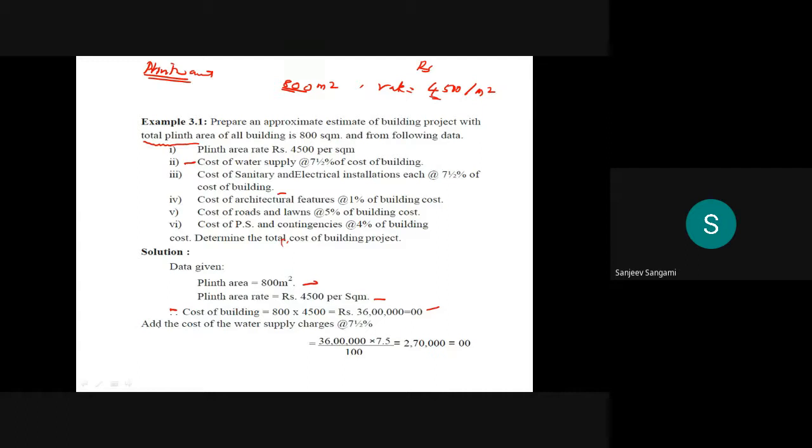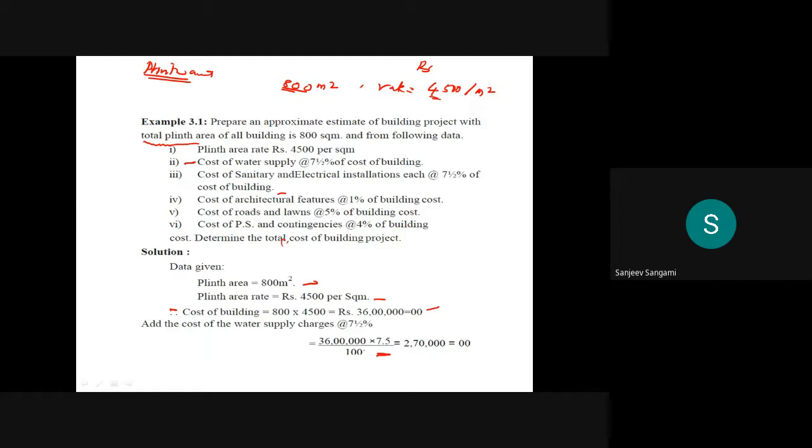Then add the cost of the water supply charges. Water supply, he is telling, is 7.5% of the cost of the building. We got the cost of the building, that is 36 lakhs. Then you have to add 7.5% of that.